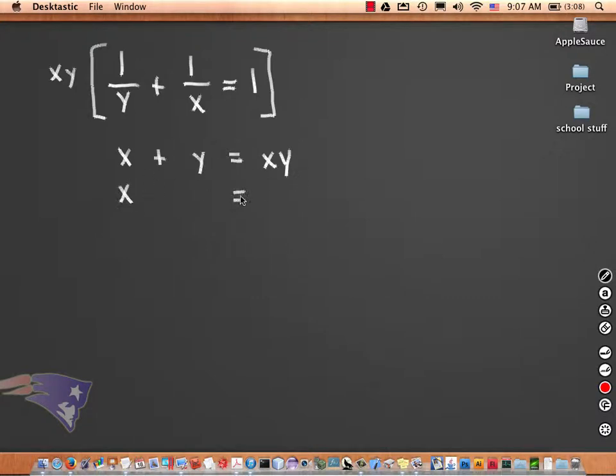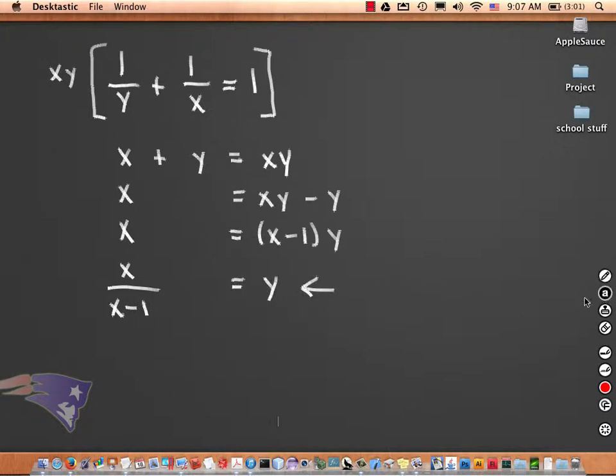Subtract y over here, so x equals xy minus y. Factor out a y, so x minus 1 times y. So I have x over x minus 1 equals y, and now I know y explicitly as a function of x.